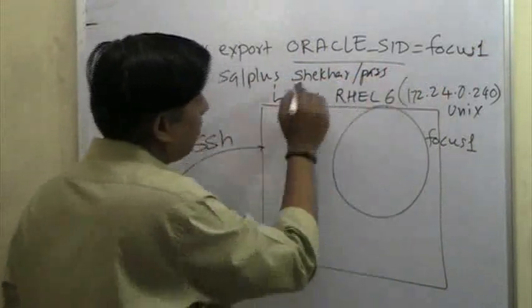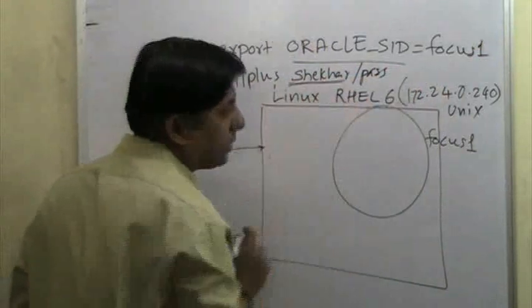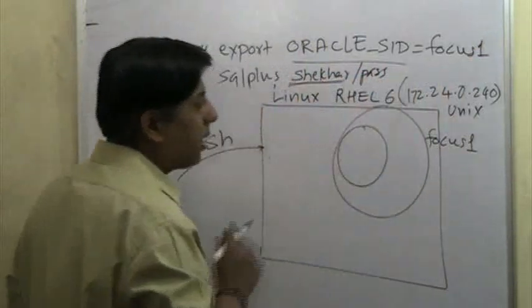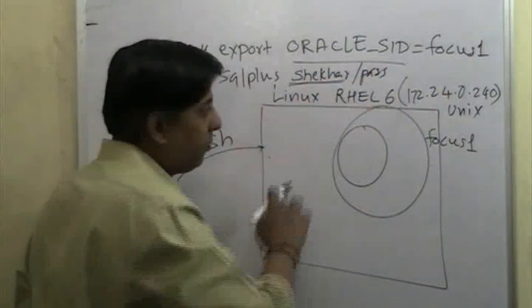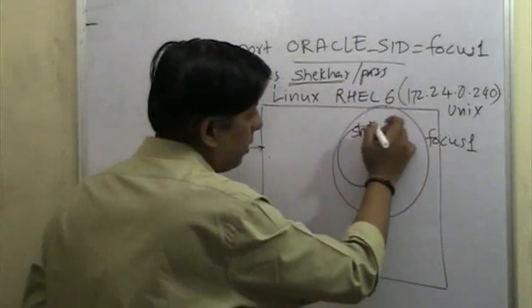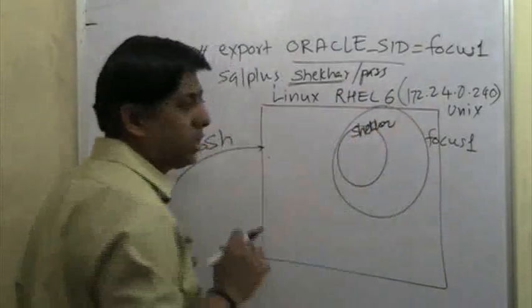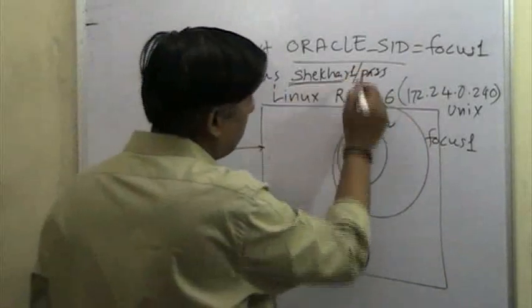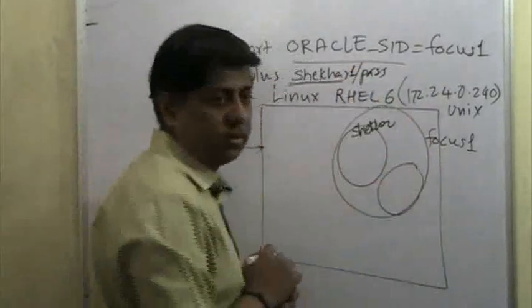Now what is happening? You are logging into a schema named Shekhar, and a schema is basically a logical part inside the database. So Focus1 is a database, and Shekhar is actually a schema inside the database. If you type Shekhar1 here, then you are logging into another schema called Shekhar1.